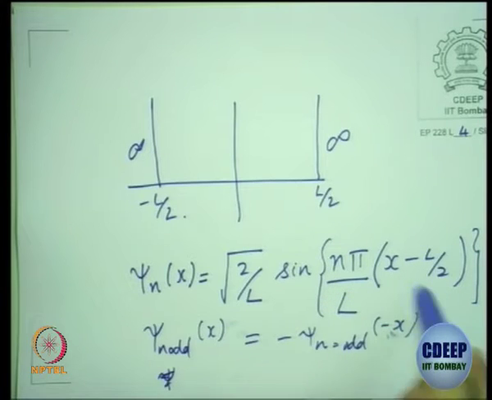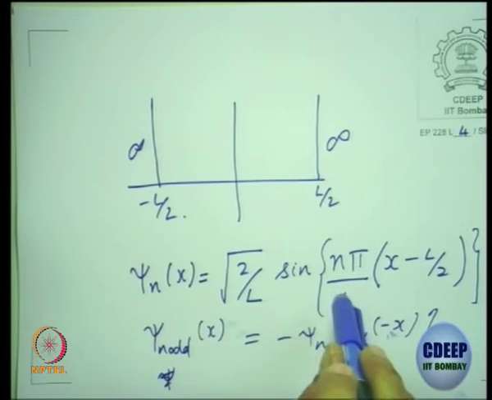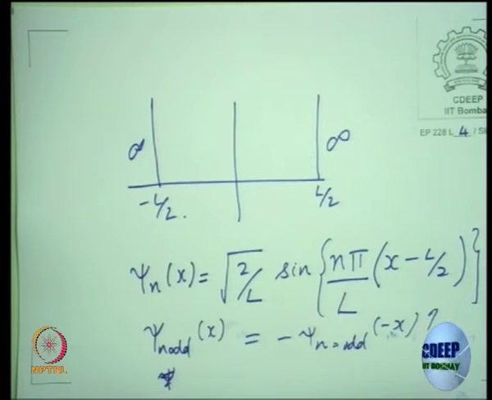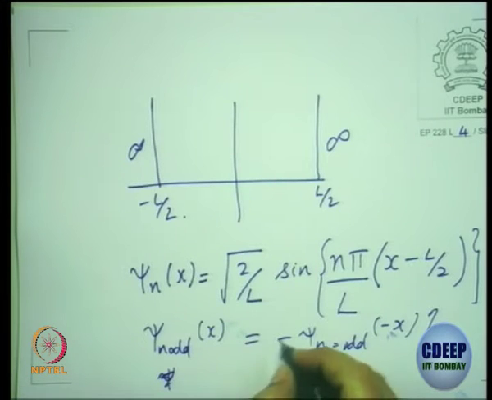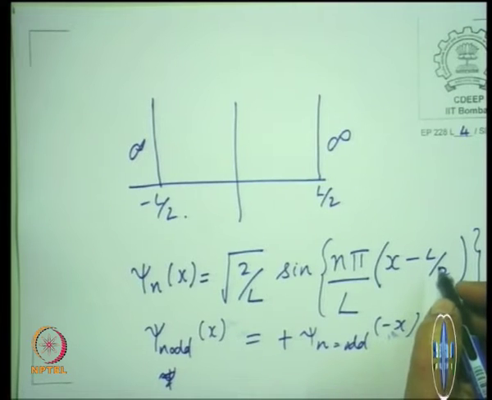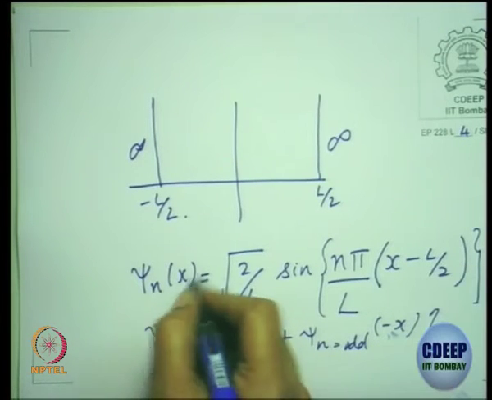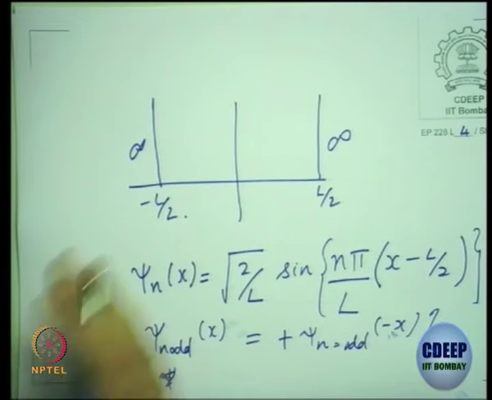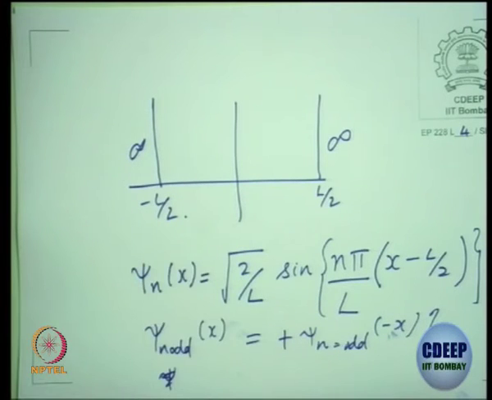It's n pi by 2. If n is even, what happens? If n is odd, what happens? Did I write it correctly? It's a plus sign. Good. Is it x plus L by 2? That's okay. That is a normalization. Shouldn't matter. That is fine. But you could also shift it that way. That's also not a problem.